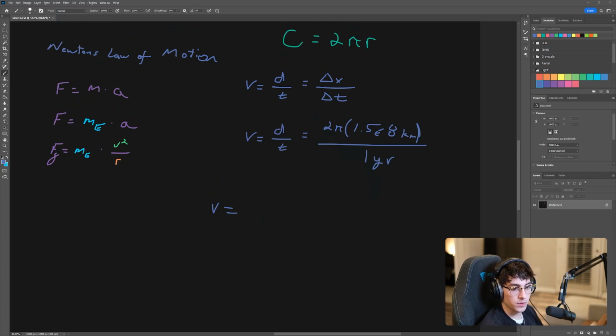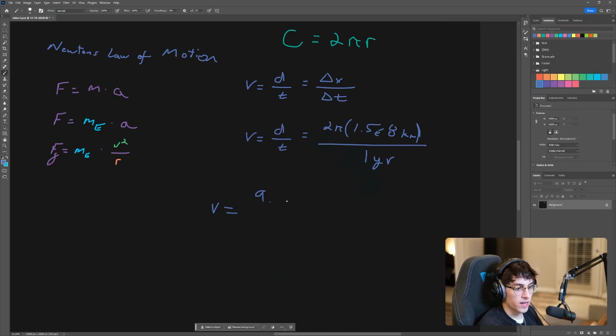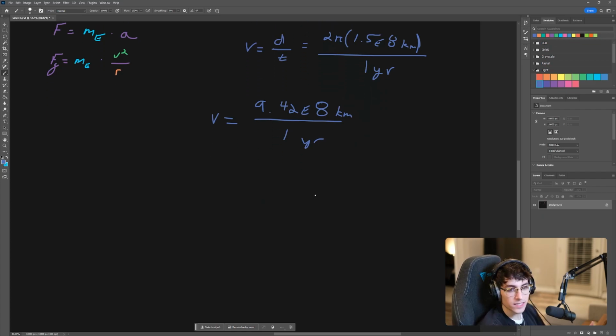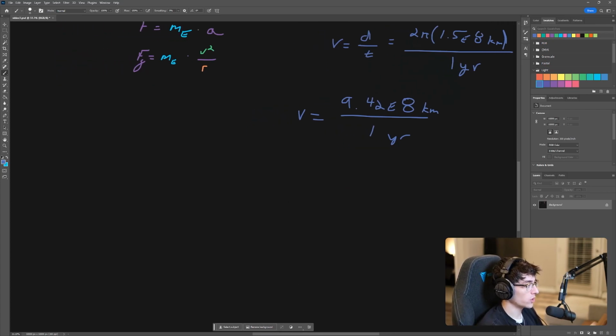So let's bring over Desmos and let's do 2 times pi times 1.5 times 10 raised to the 8th, which is approximately 9.42 times 10 to the 8th kilometers per year. Okay, but now we need to convert years into hours. And that's pretty simple. All we have to do is figure out how many hours are in 1 year, which can be done by saying in 1 year, we know that there are 365 days.